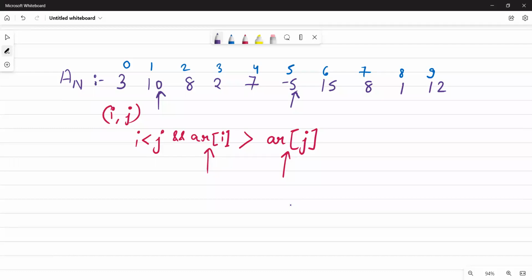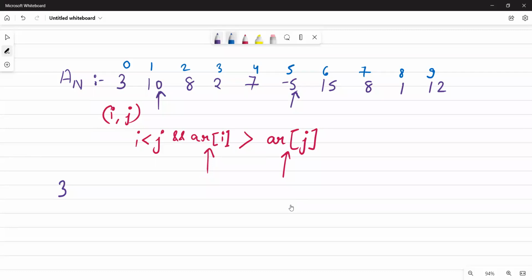Like if I was in your place, I will take 3. Then 10. Is 3 and 10 a perfect pair? The first point is i should be less than j. So 0 is less than 1. It is correct. But is this correct? That is array of i, that is 3, should be greater than 10. Is this correct? No. So since the property fails, we should not take it.